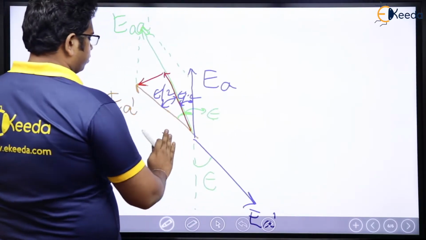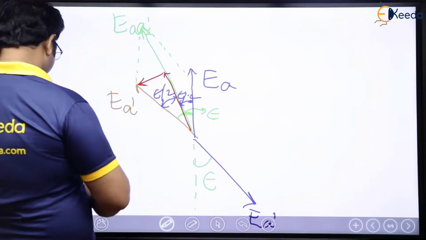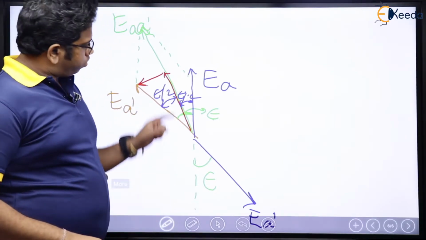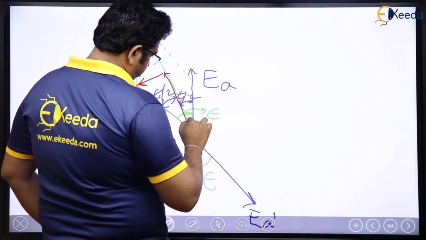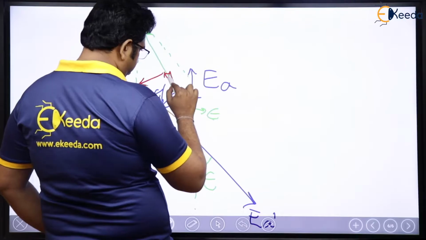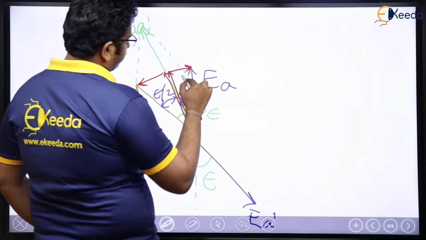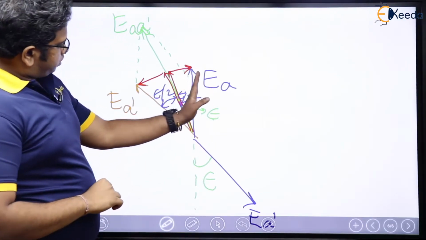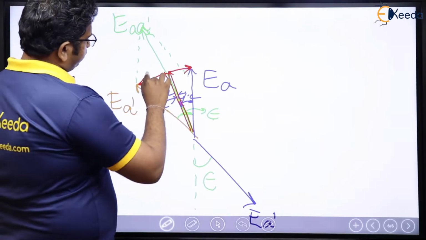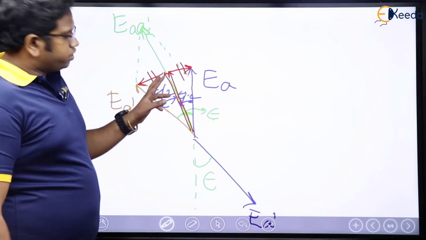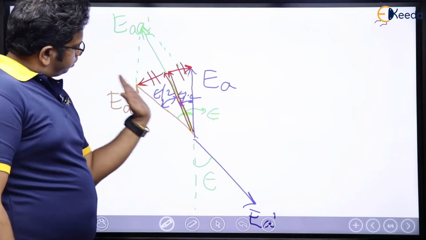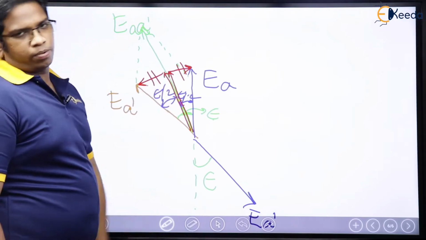Now if I think of components of EA, how will they be? This is going to be the horizontal component and this is going to be the vertical component. Since they both are equal, these two are going to get cancelled. Now, the moment these two get cancelled, I have only this component and this component left.